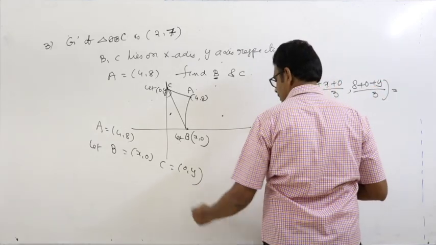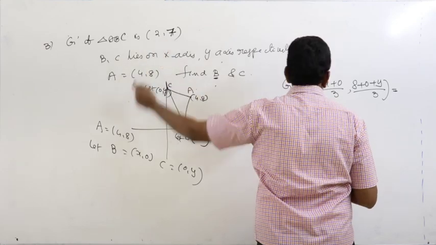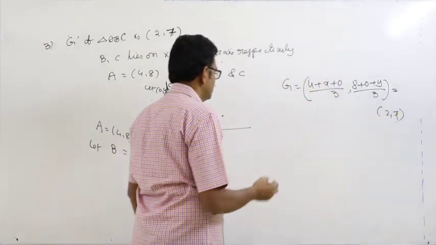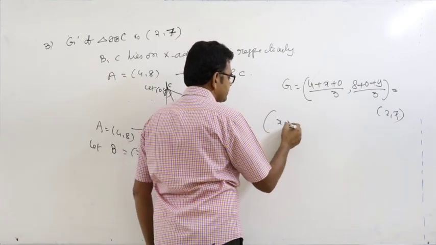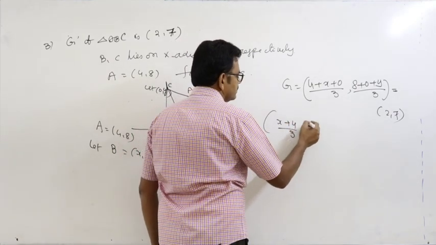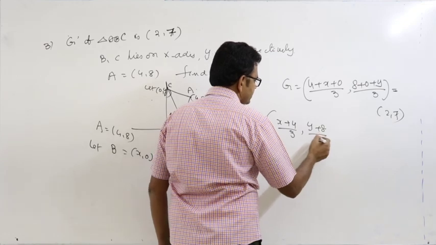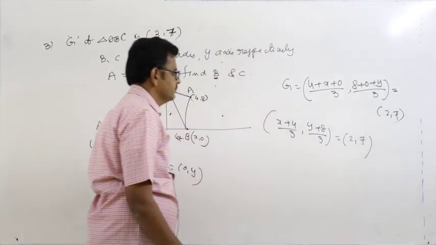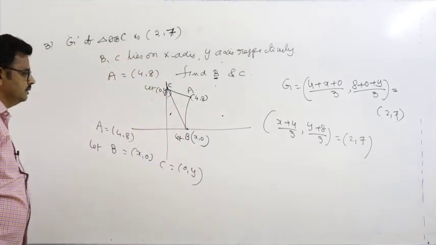The centroid is given as 2 comma 7. That is, x plus 4 by 3 comma y plus 8 by 3 is equal to 2 comma 7.